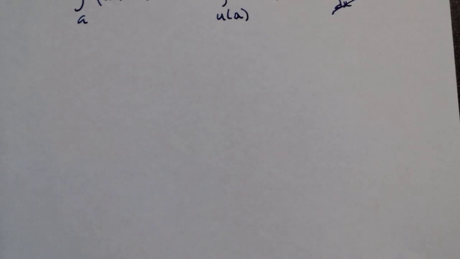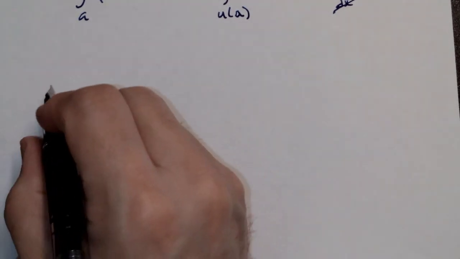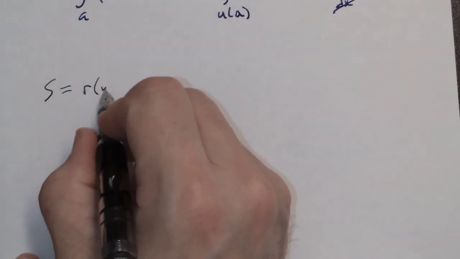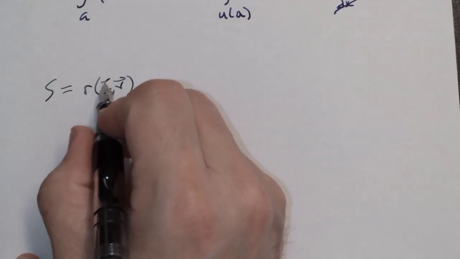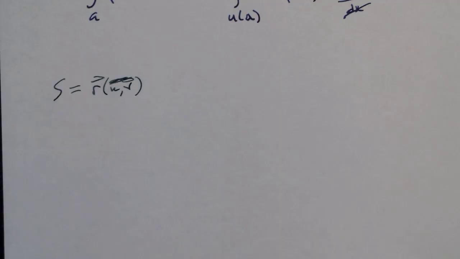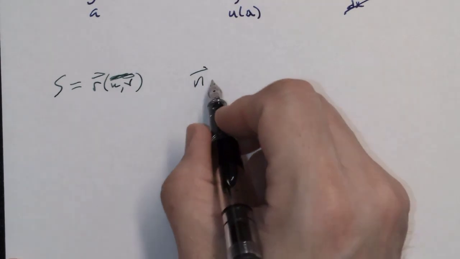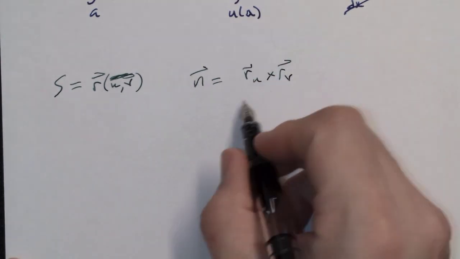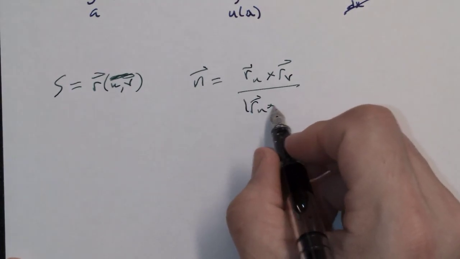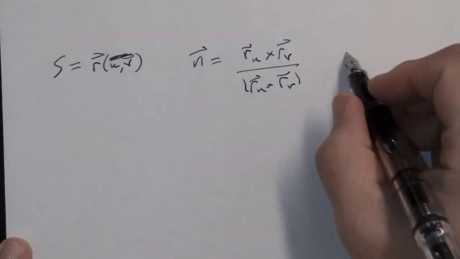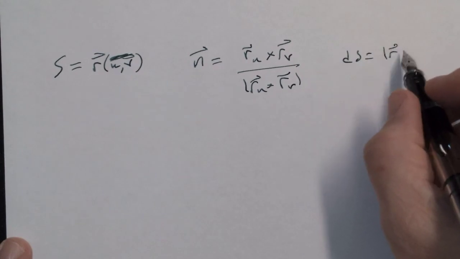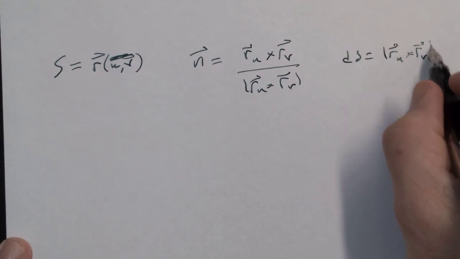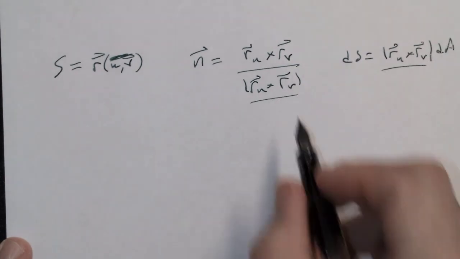So when I do it for the parametric version, S is R of UV. Then N is RU cross RV over the length of RU cross RV, but dS is the length of RU cross RV dA, so those pieces are going to cancel.